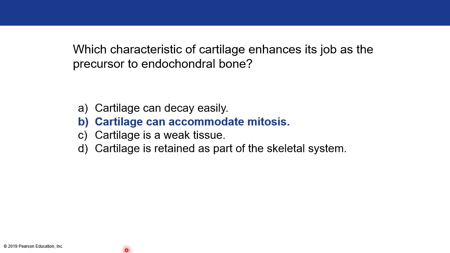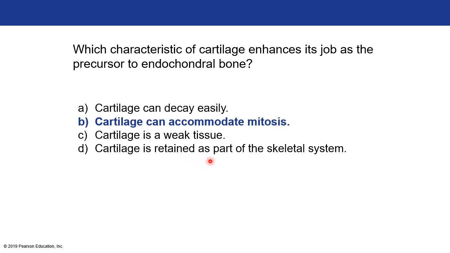Now, if you didn't even know the answer to this, just go by logic. Can cartilage decay easily? I hope not. We have joints that we have to use throughout life, right? So hopefully not. Is cartilage a weak tissue? Not really. I mean, if you compare to bone, it's weaker than bone, but it's not a weak tissue, right? If you're running around, you want your cartilage to be nice and strong and consistent, right?